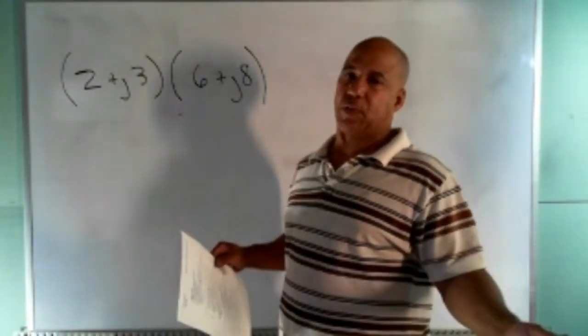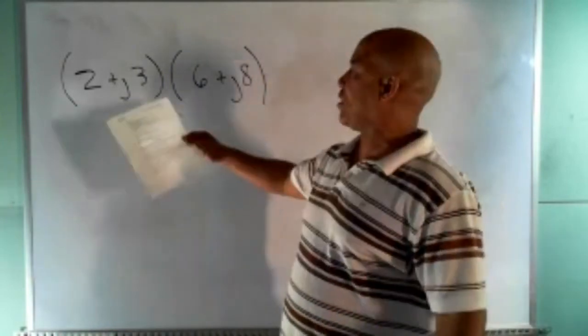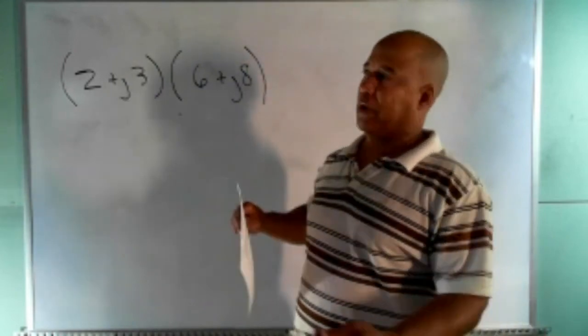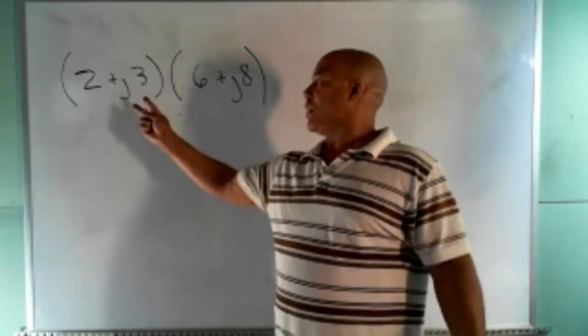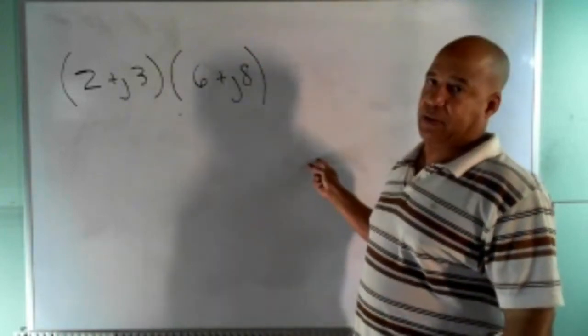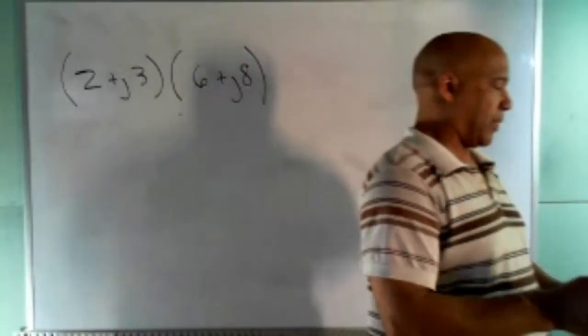Usually the way they give you the problem is how you want to express it. So since they're expressing in rectangular, you want to show your answer in rectangular. But they want you to multiply it as shown.